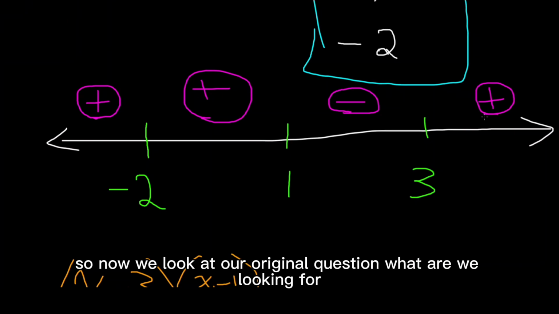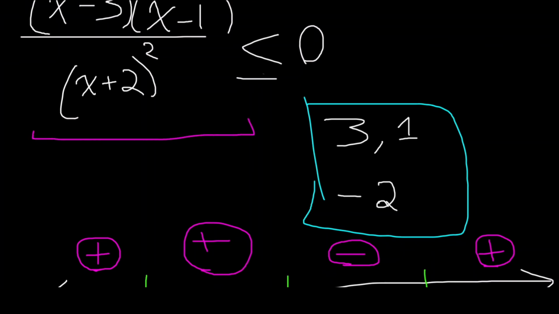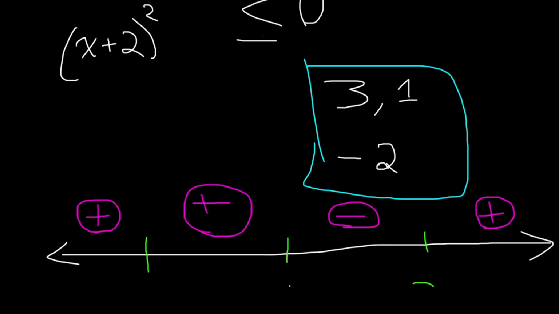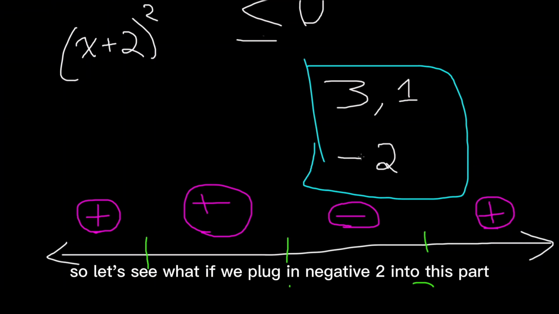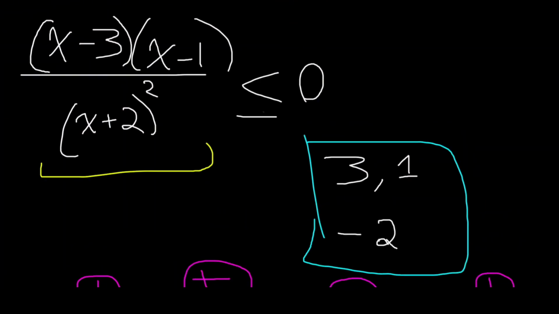So now we look at our original question. What are we looking for? We're looking for when 0 is greater than or equal to this entire expression. So now we can look for our critical points and see if it will be equal to. So let's see, what if we plug in -2 into this part?